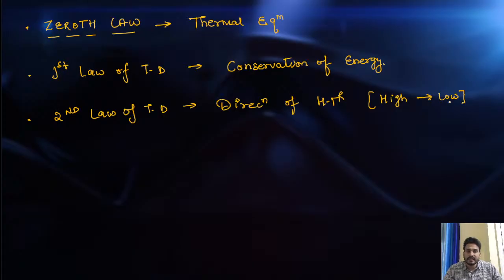In the second law you studied two kinds of statements, right? Planck's and Clausius statement kind of thing. I hope you remember, in which you studied the refrigeration cycle and heat engine and all that. So the second law is related to the direction of heat transfer. Heat is naturally transferred from the higher potential to the lower potential, right?